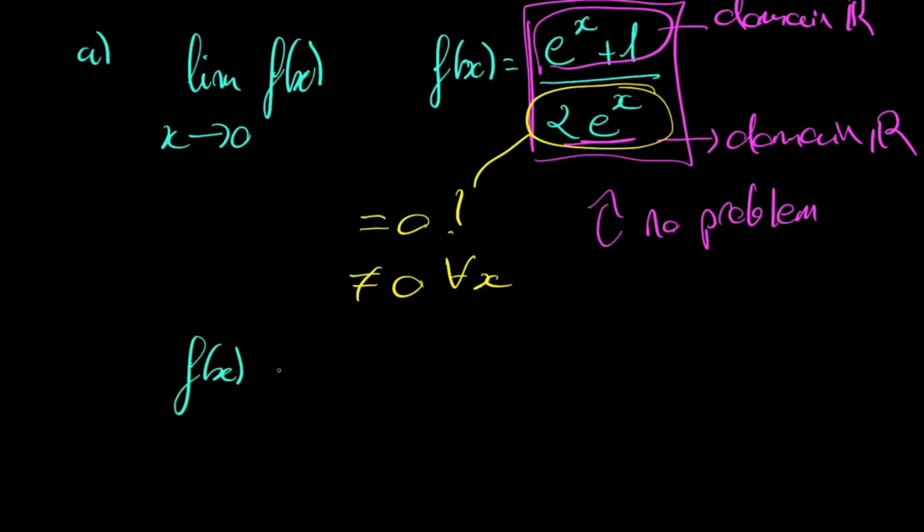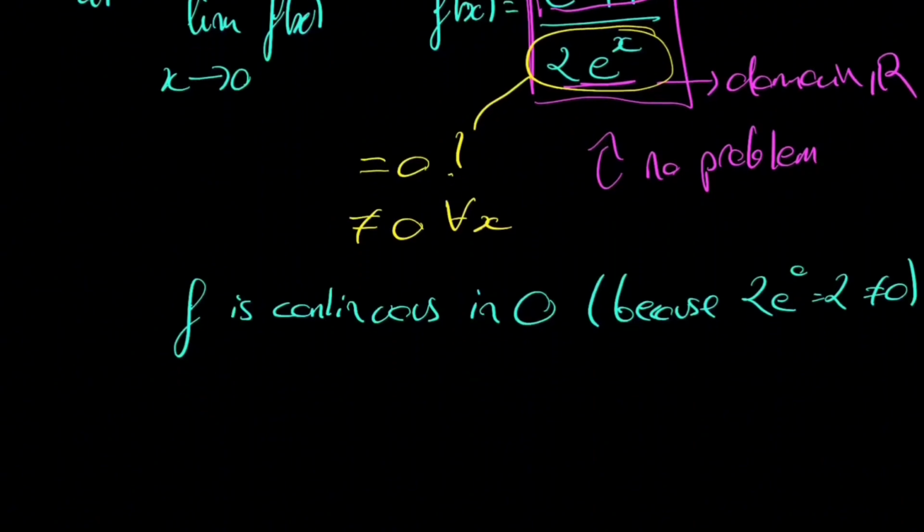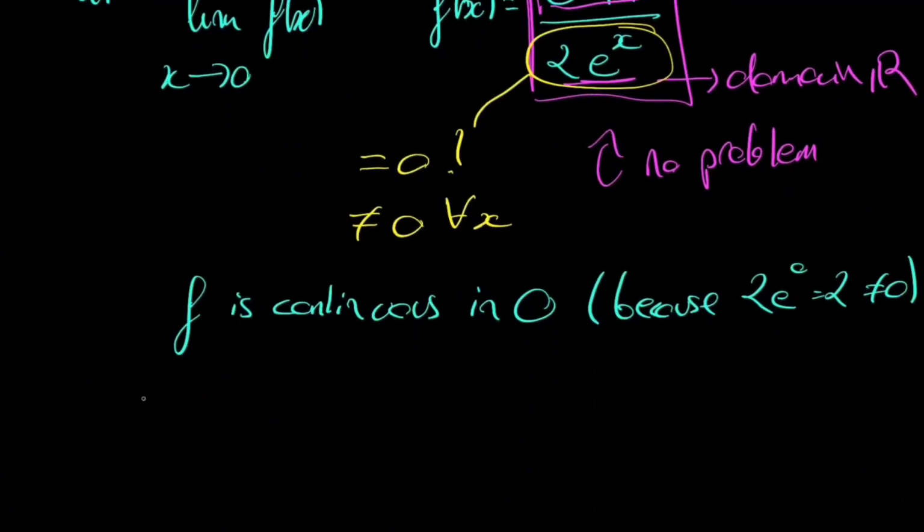f of x is continuous in 0, because 2 exponential of 0 is different from 0.